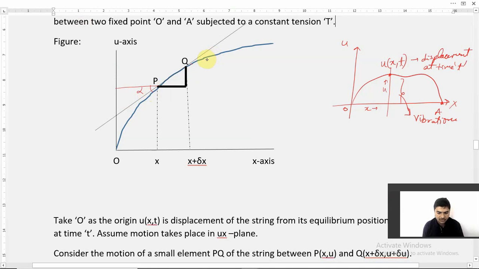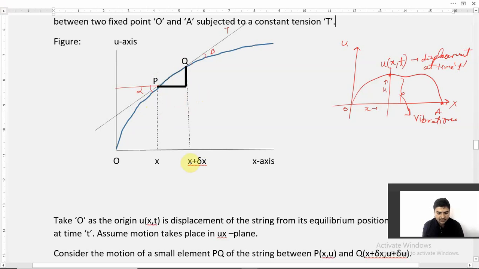That's I'm going to draw the tangent to this line, T, which is the tension on this string. This angle is going to become beta. So this distance is nothing but we'll take this as dou x. Is it clear, students? Any doubt, please comment. We'll discuss more things on this. So this is all about the diagram we are going to write.